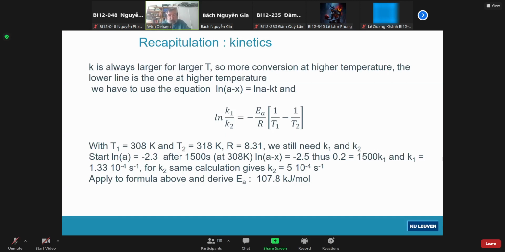If we know the activation energy, we could also calculate an unknown K if we have the temperatures and so on. So this is a very useful equation if you want to do kinetic exercises for first order reactions, of course.